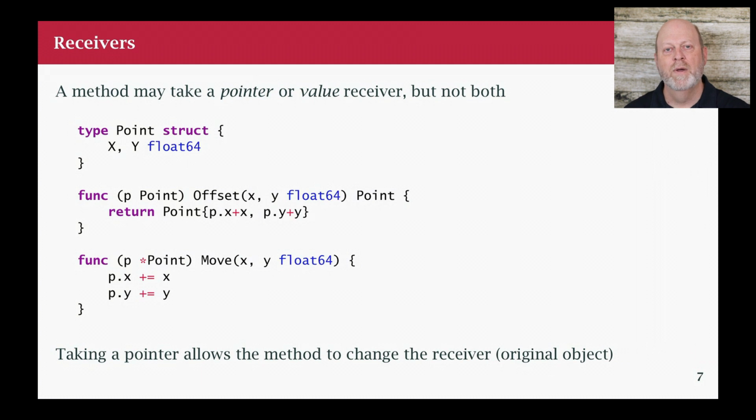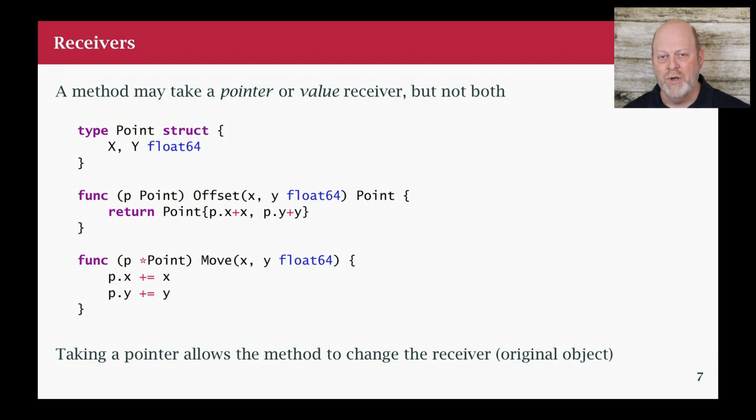If I have a method that's designed to take a value receiver, then the method gets a copy. So if I look at this method offset, okay, offset takes some x and y values, adds them to the actual receiver, but then it returns a new point. Okay, the receiver, P, is not changed. It can't be changed because it came into this function as a copy.